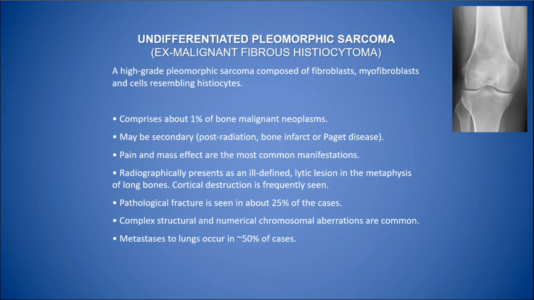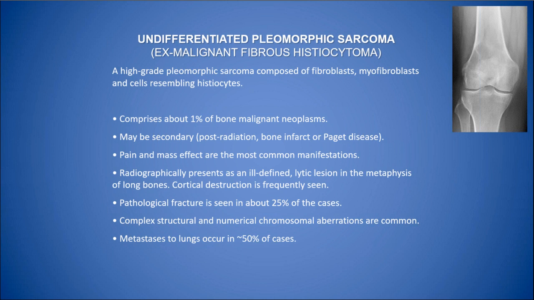Finally, we're going to mention undifferentiated pleomorphic sarcoma, ex-malignant fibrous histiocytoma. Originally these tumors were thought to have some degree of histiocytic or fibrohistiocytic lineage, so they used to be called MFH, but this is now disfavored.